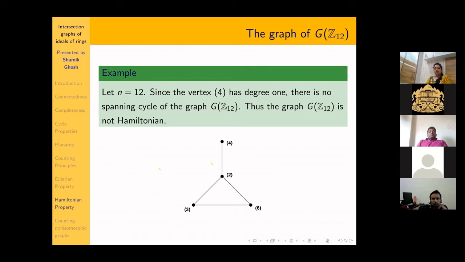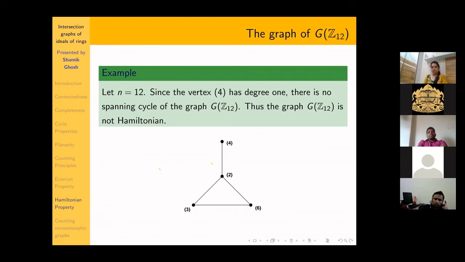Say from 3, you can go to 6 to 4, but you cannot come back to 3. From 2 to 3, you can come back to 2, but you can never reach 4 again by coming back to 2 without repeating the vertex. So in this way, this is the Hamiltonian problem.